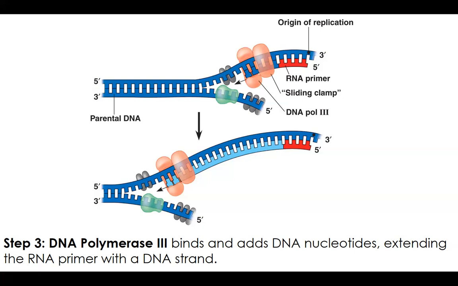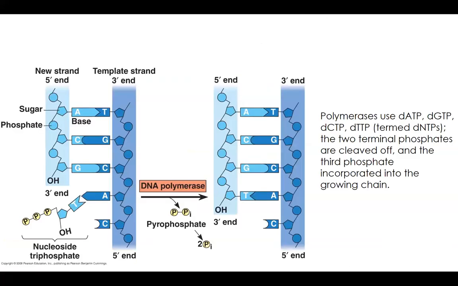So let's take a closer look at that. Here is our template strand. This is the one that was already formed. Here is the growing strand. Note we can only add onto the 3' end. That is it. This is all we got. What we are doing is taking nucleotides, specifically their nucleotide triphosphate.